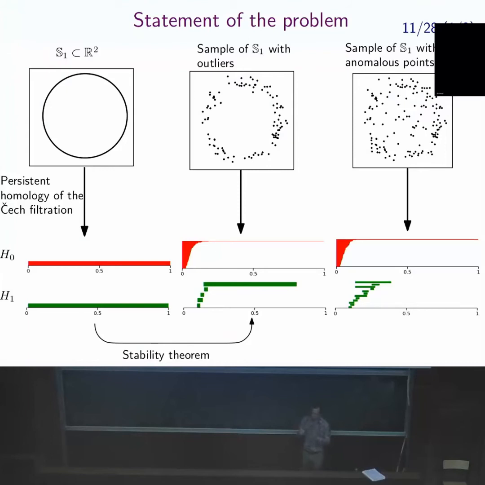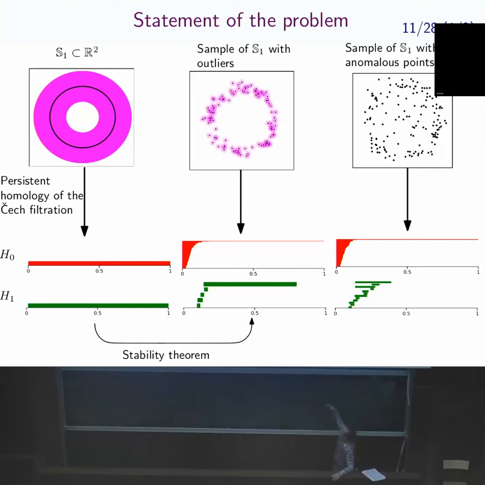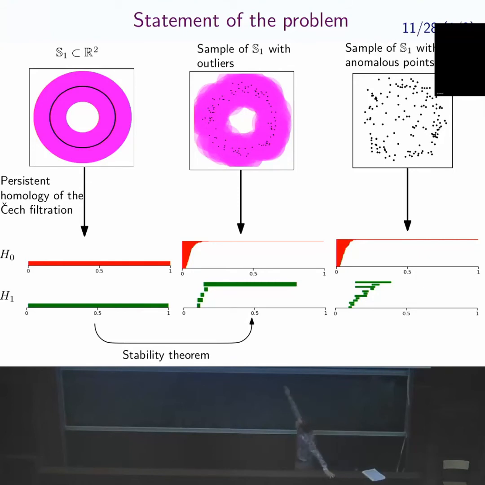So this is where we were. If I have the circle, I consider its Čech filtration, I obtain barcodes that give me the persistent homology of my circle. If I have a point cloud that samples the circle, I can still consider the Čech filtration, its barcodes, and I recover homological information in these barcodes.